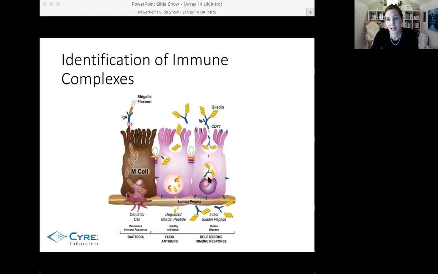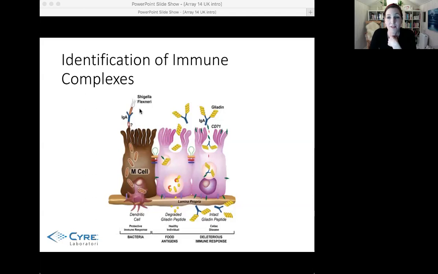So this cell here is an enterocyte, but this cell here is an M cell, which is a more specific immune cell than the enterocytes, but is also part of the gut epithelia. So it's one of the cells that makes up that single cell barrier of the gut wall. So the IgA transports it directly through via a receptor on the apical membrane of the M cell here.